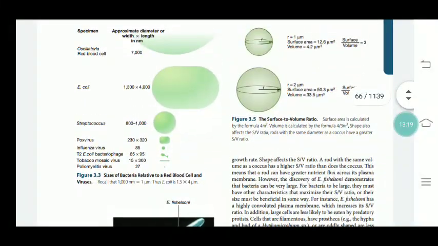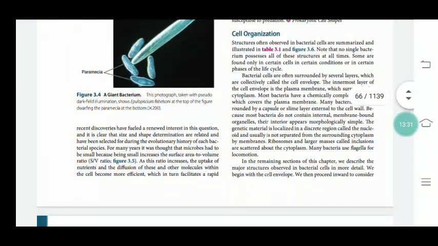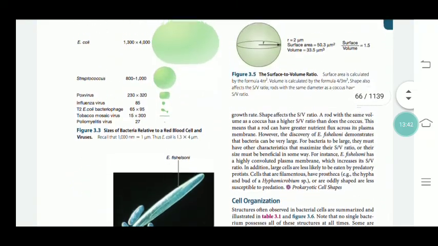So, as the organism is small in size, it has a higher surface to volume ratio, and with a high ratio it has greater nutrient uptake and diffusion of other molecules.